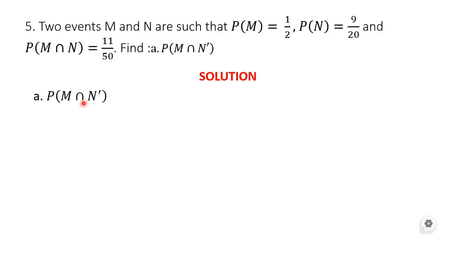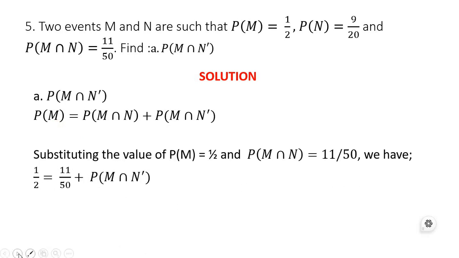M intersection N complement. So with that, we'll apply the formula. The formula for probability of M is equal to the probability of M intersection N plus probability of M intersection N complement. So for that, we'll substitute the given values.